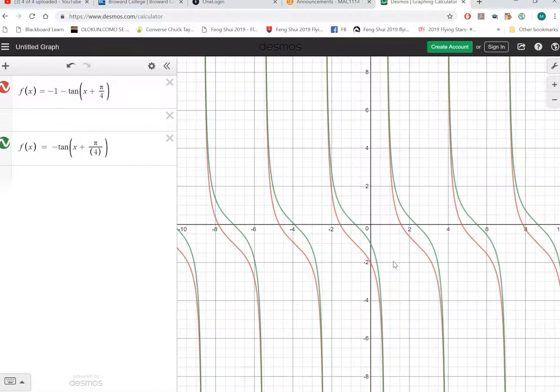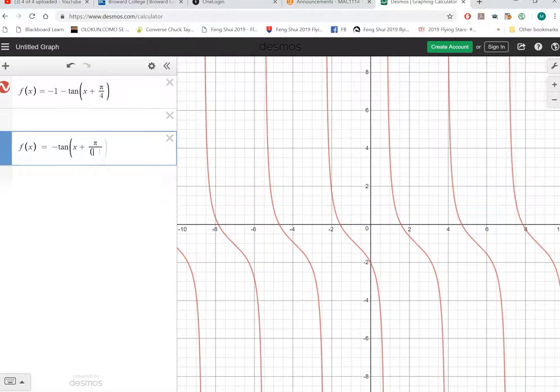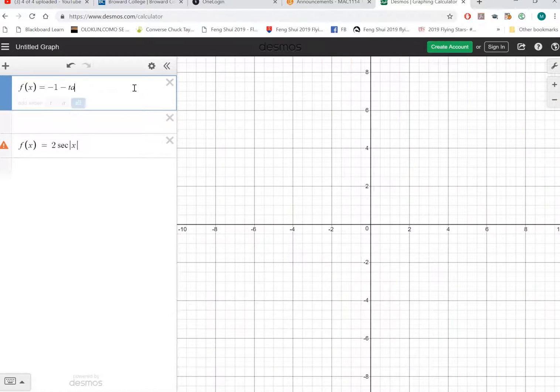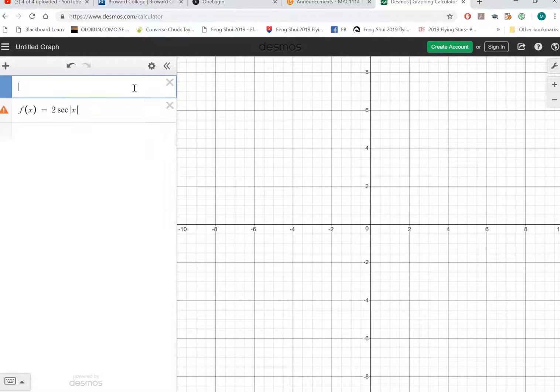Let me talk to you a little bit about the absolute value function, because we haven't really talked about that. So I'm going to do 2 secant absolute value of x. And let me erase this guy here. Alright, so we have f of x equals 2 secant absolute value of x.